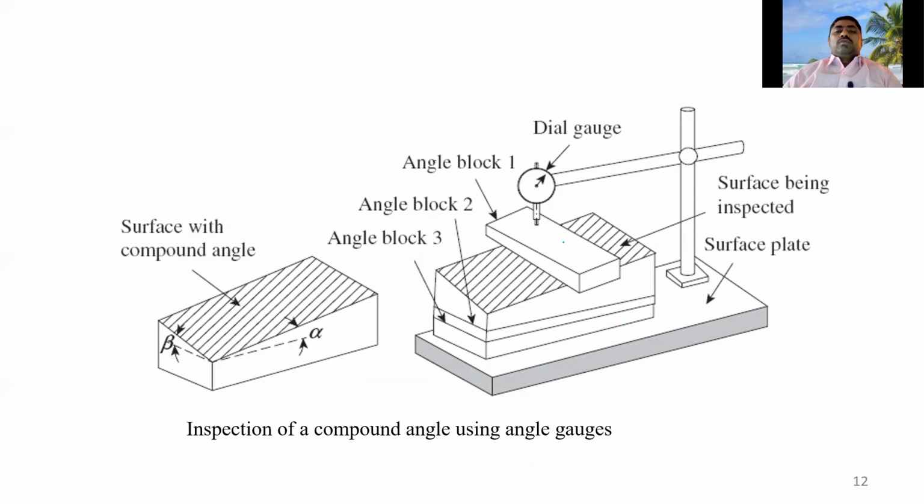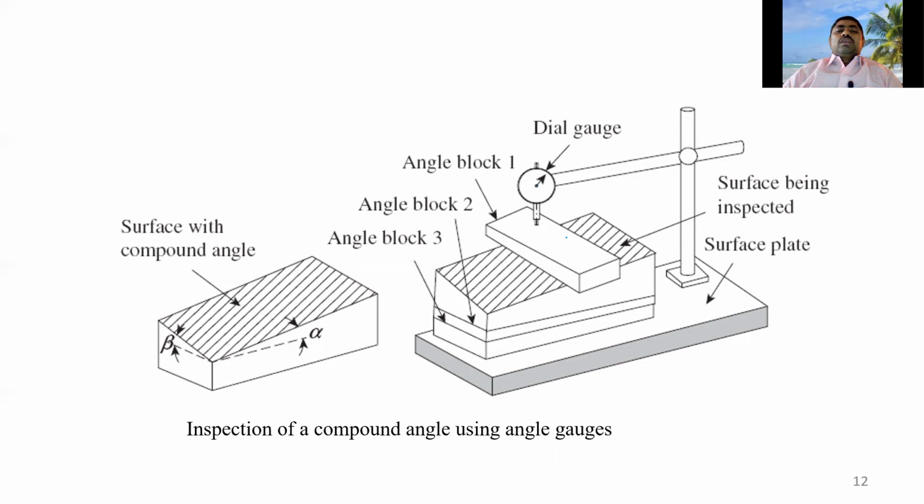We use different sizes of angle gauges, and with the help of a dial indicator, it shows the zero reading when it is parallel.